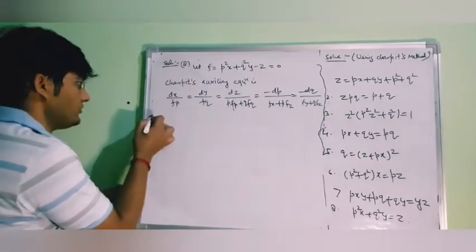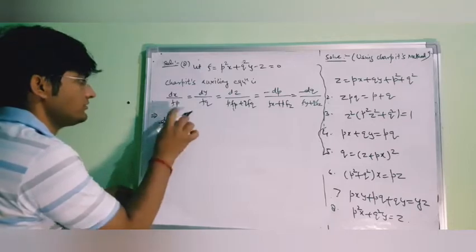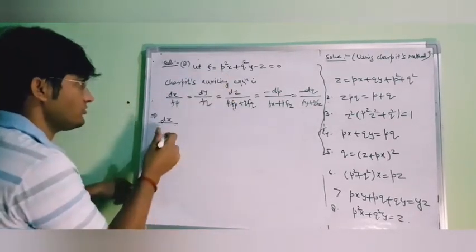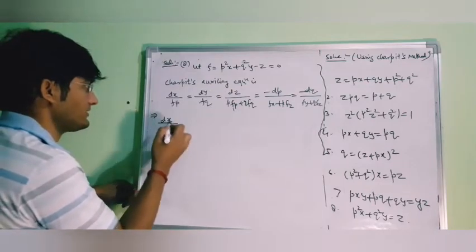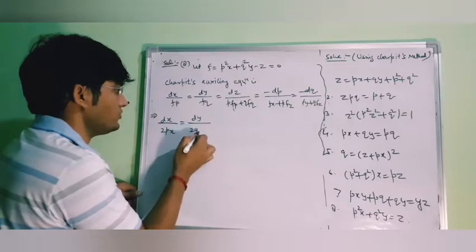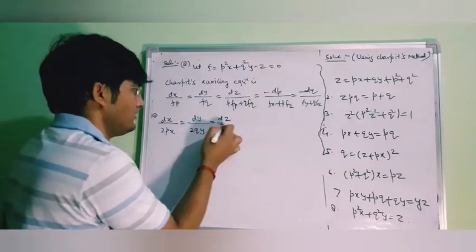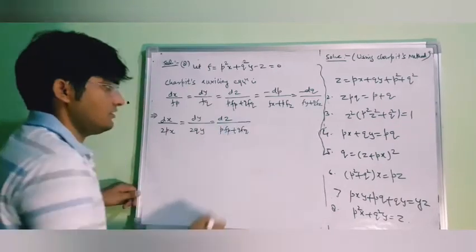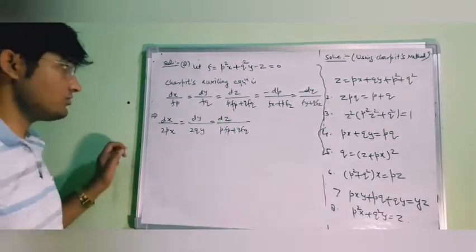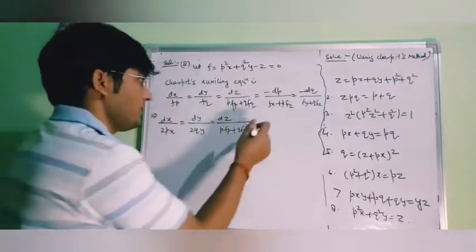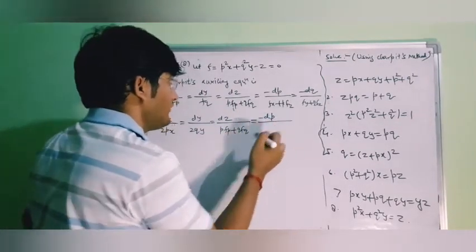Now let us put the values of various partial derivatives. Now fp, the partial differentiation of this term with respect to p, will be your 2px, and this is equal to dy upon, again this will be your 2qy, and I think there is no need of this term because it does not give any calculation. So I am writing it as p fp plus q fq, and this is equal to minus dp upon fx.